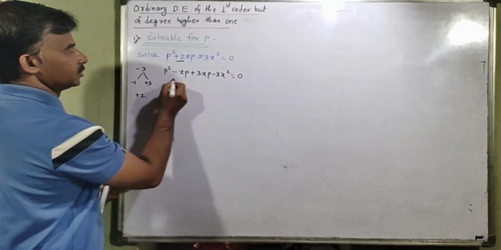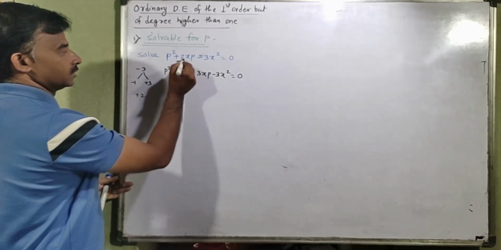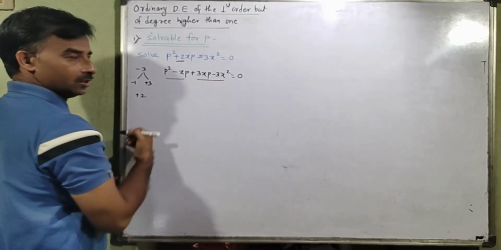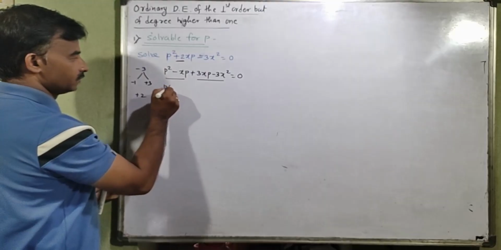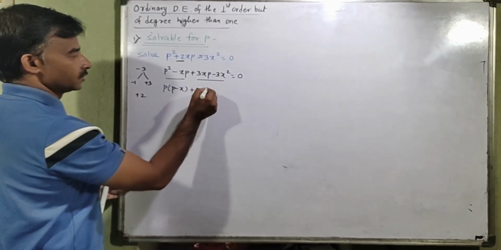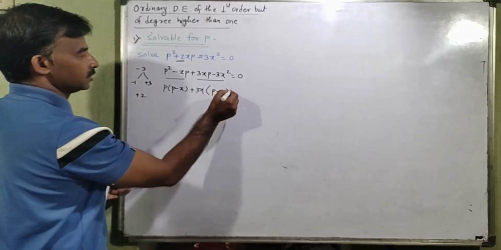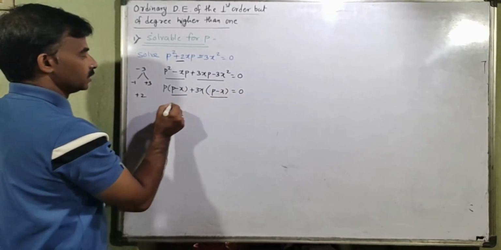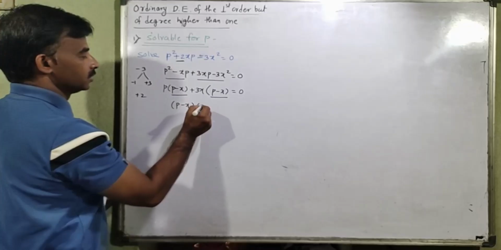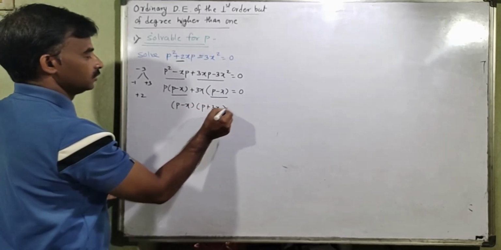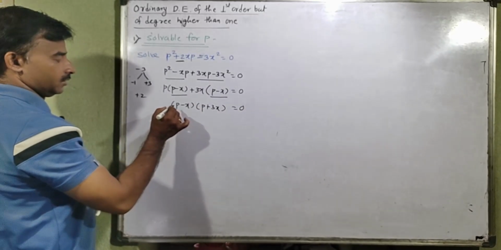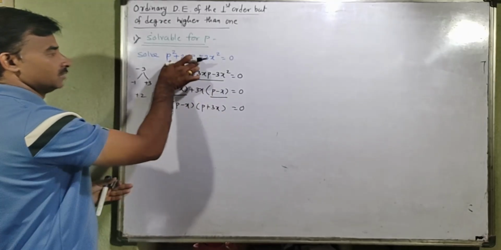That means the addition of these two factors is nothing but 2xp. Take grouping of these two parts, taking p outside from the first, p minus x is here, and 3x is taken outside from the second, p minus x is also present here. Then p minus x is taken common from these two terms, and inside the other we get p minus x and p plus 3x.